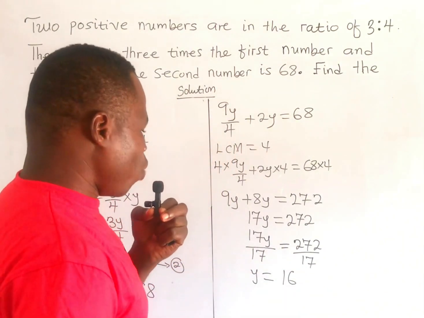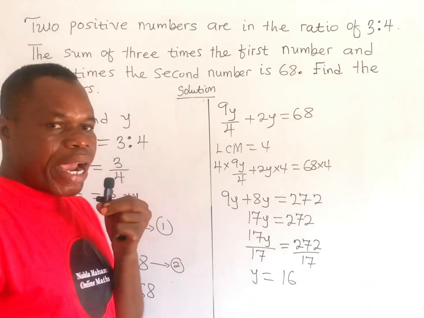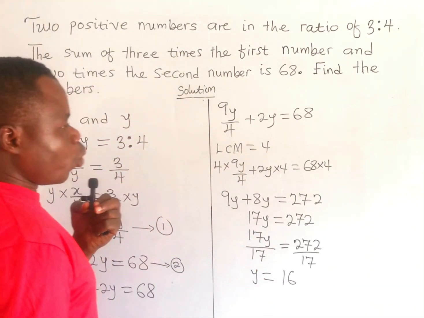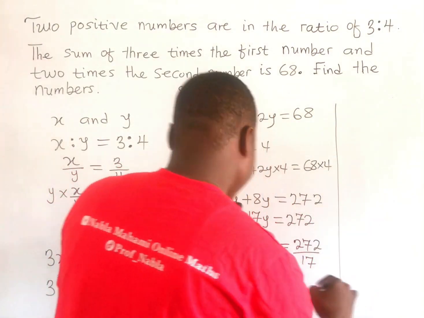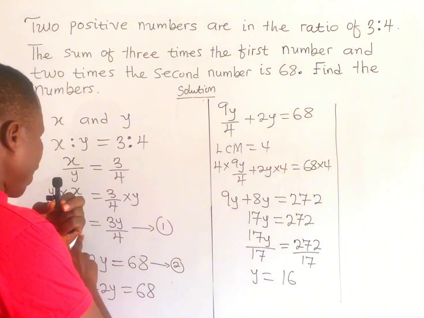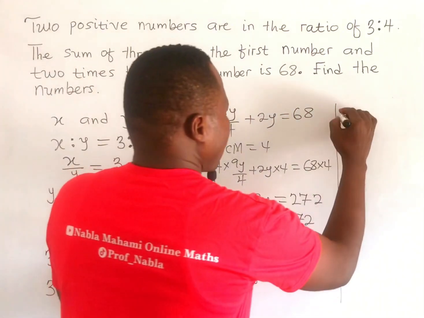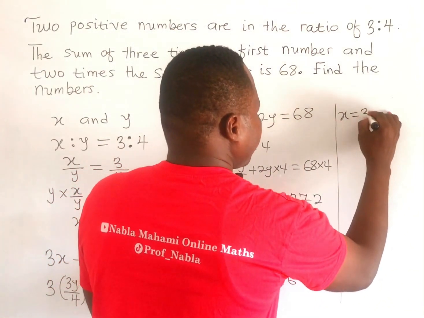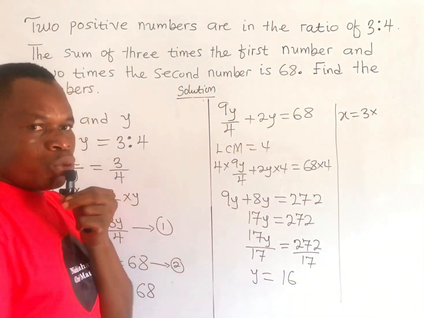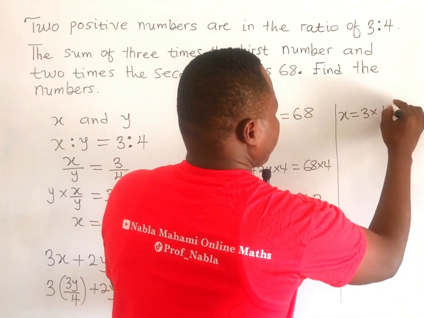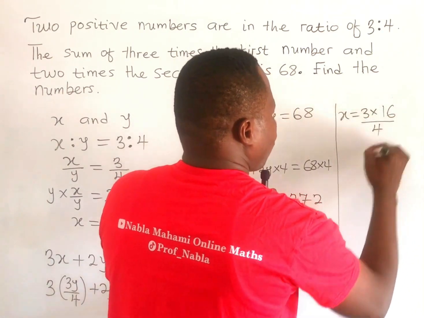Now my y is 16. I can use it to find my x by substituting y into equation 1. So if I substitute it into equation 1, I have x equal to 3y over 4. That means I will now have x equal to 3 times y, but we know y to be 16. I can put 16 there over the denominator 4.